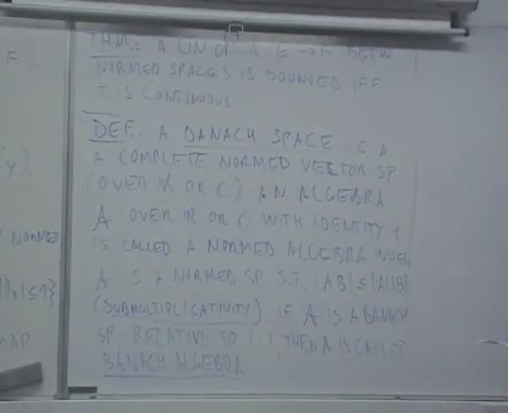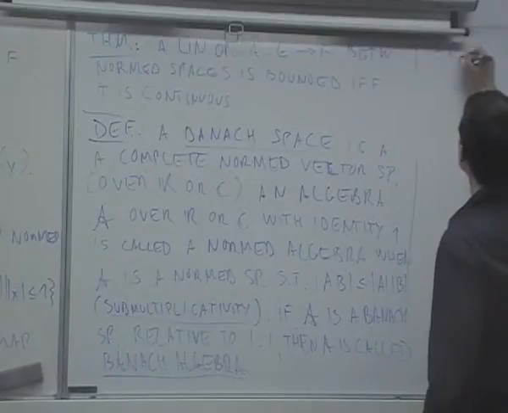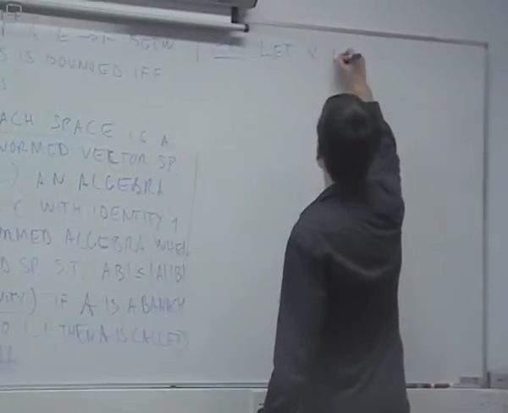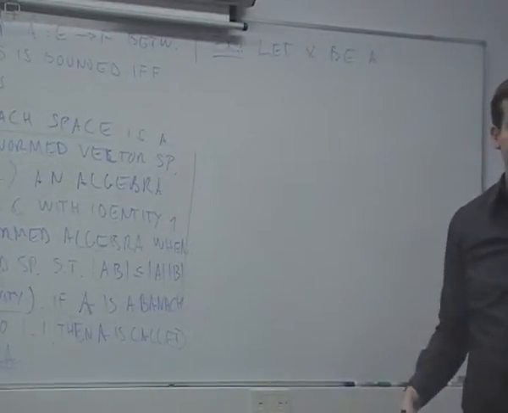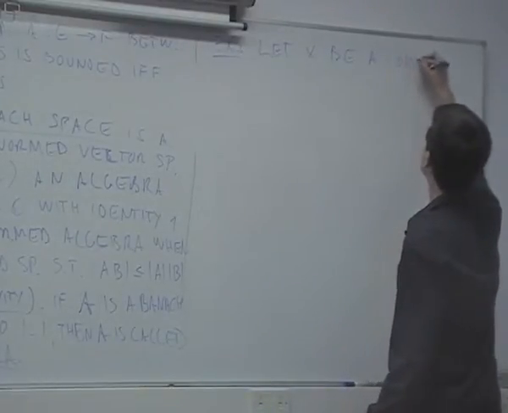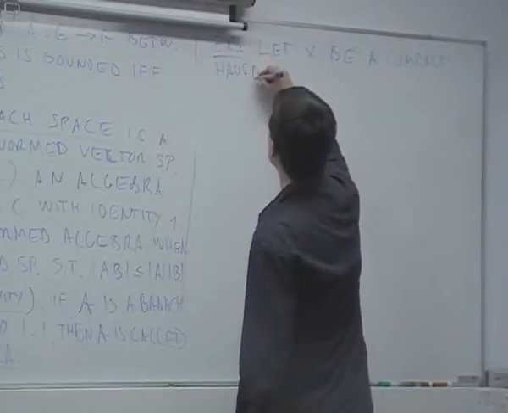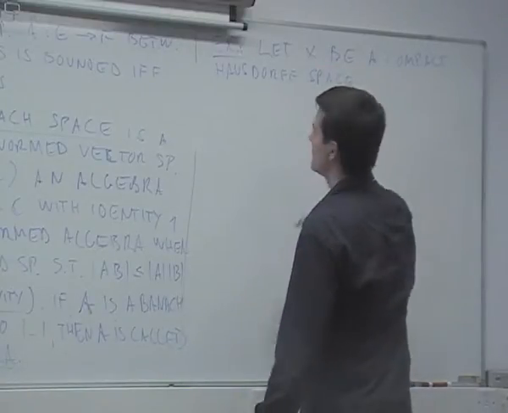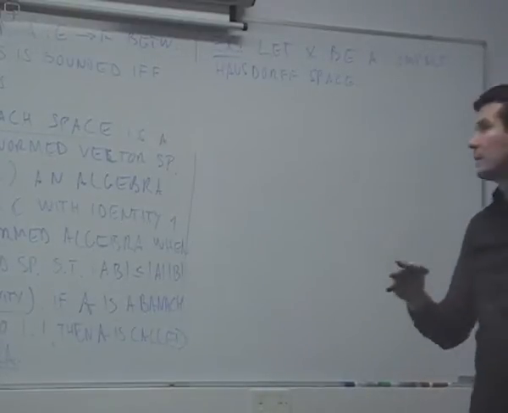So, examples. Well, we know examples actually, so let's first do this. These examples are awfully important, they will show up again and again, so at least this example, we'll see this again. Let X be a compact Hausdorff space. Everybody happy when I say things like compact Hausdorff space? Okay, good.